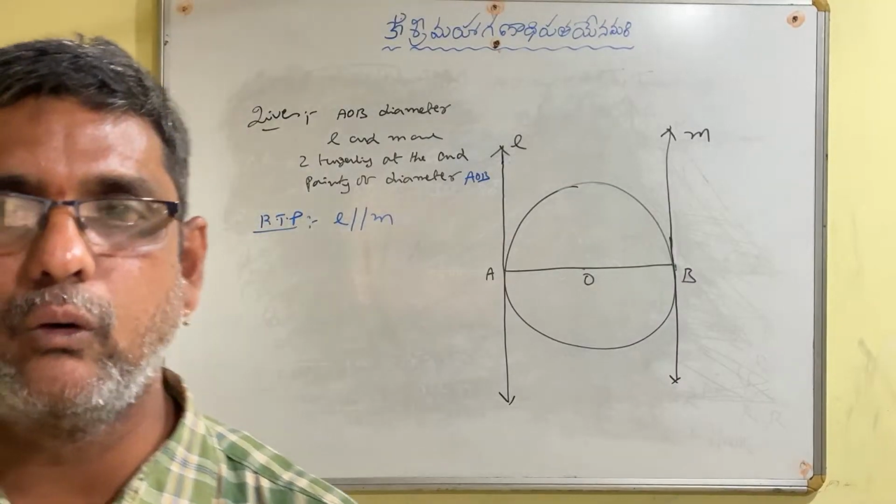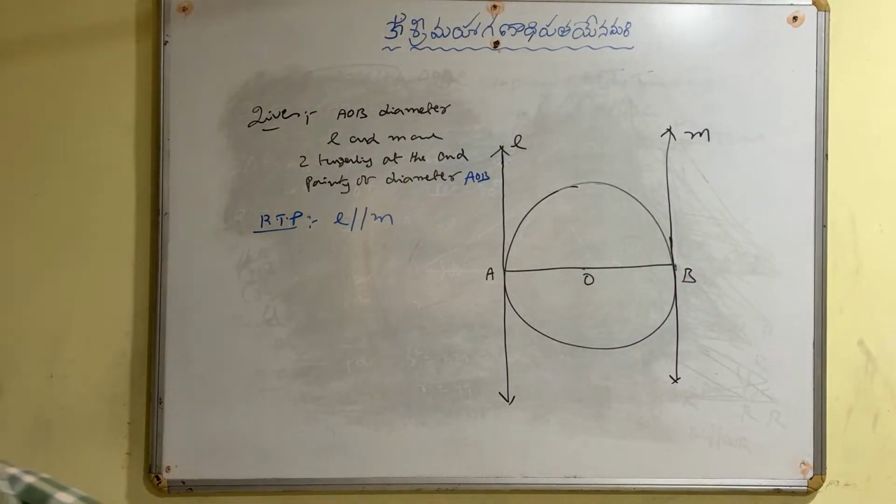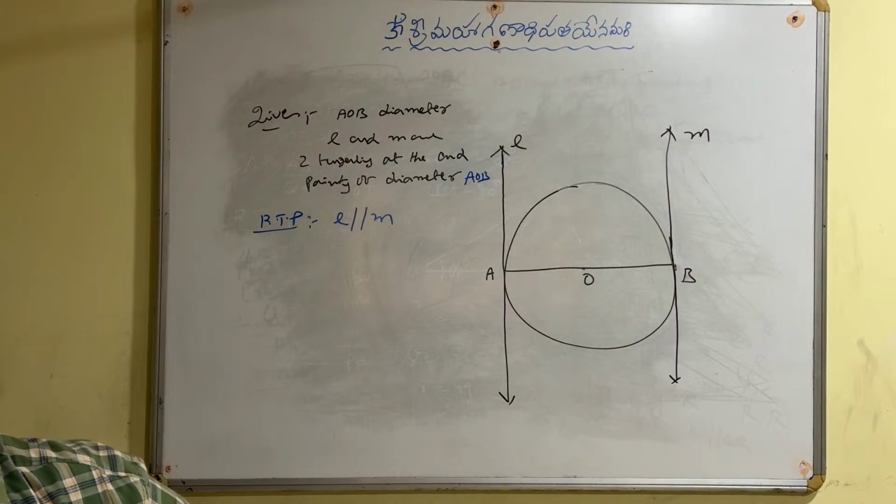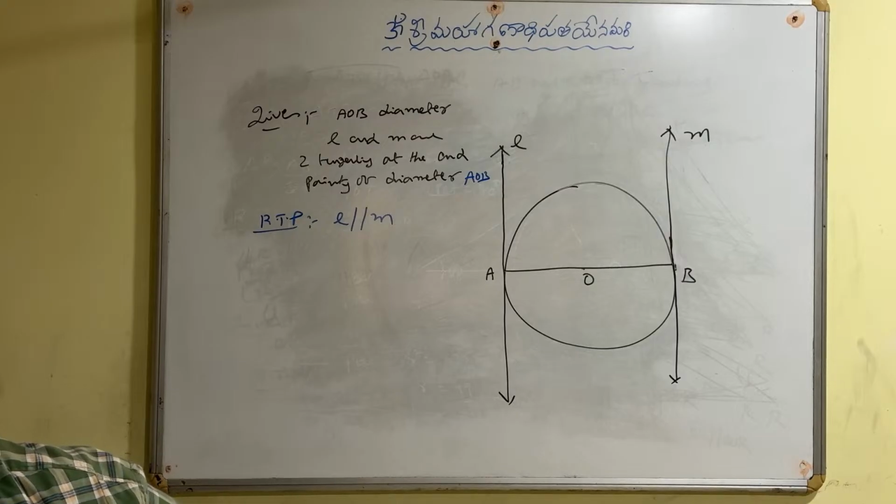What is required to prove? L parallel to M. Prove that tangents drawn at the end points of a diameter are parallel. Means we need to prove L parallel to M.